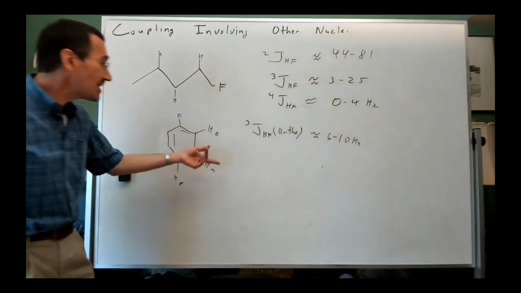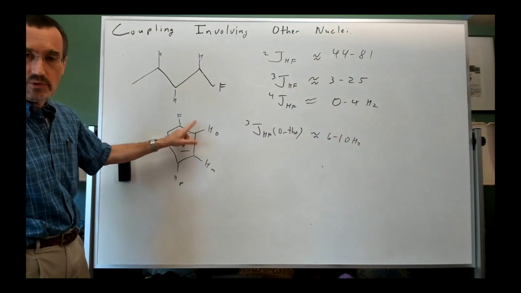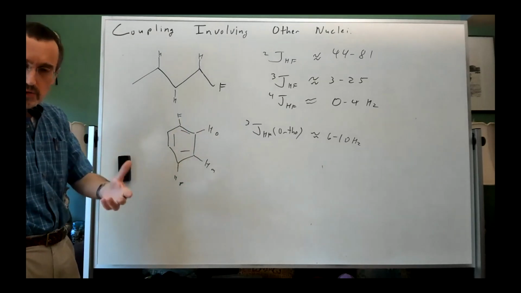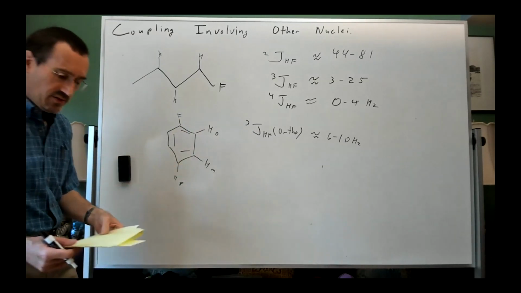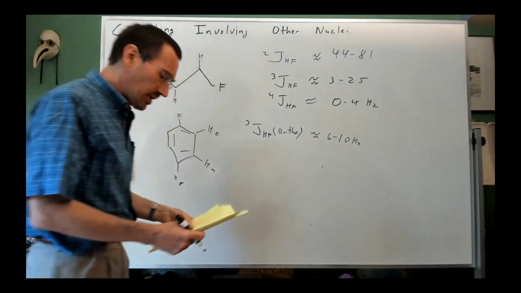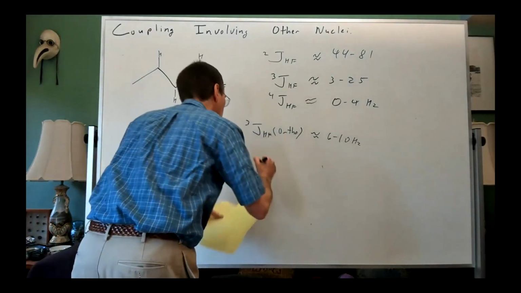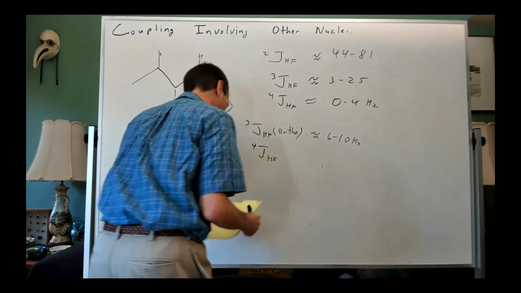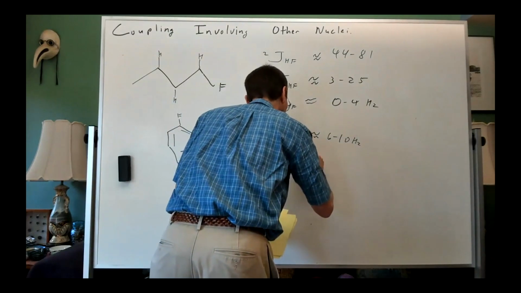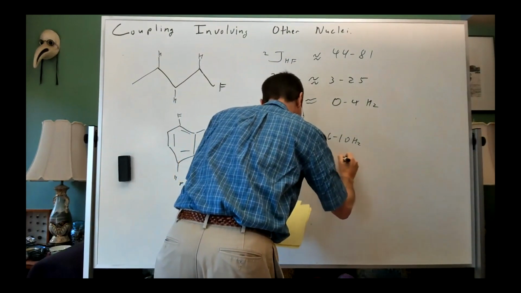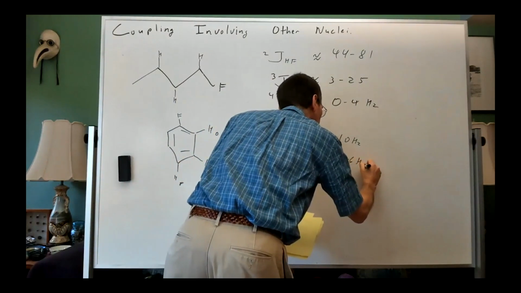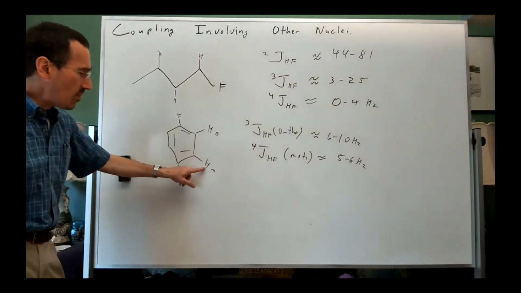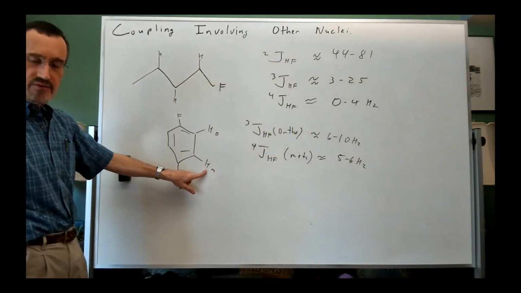And you'd say, okay, that sounds just like what we expect for an ortho coupling for hydrogen to hydrogen. But you're used to a meta coupling being, say, 1 to 3 hertz for hydrogen to hydrogen. The meta coupling is big compared to what you would expect. So the J4HF, so that's our meta, is on the order of 5 to 6 hertz.